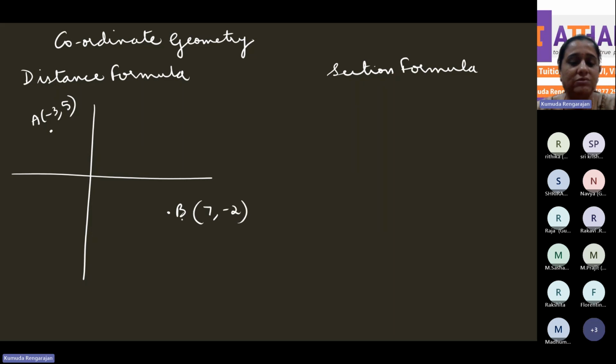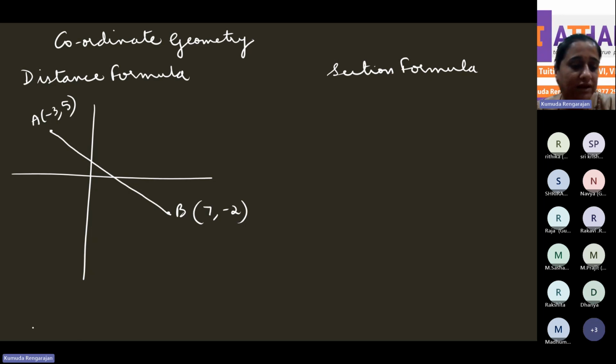Now, distance formula will help you find the distance between these 2 points A and B, or in other words, the length of the line segment AB.